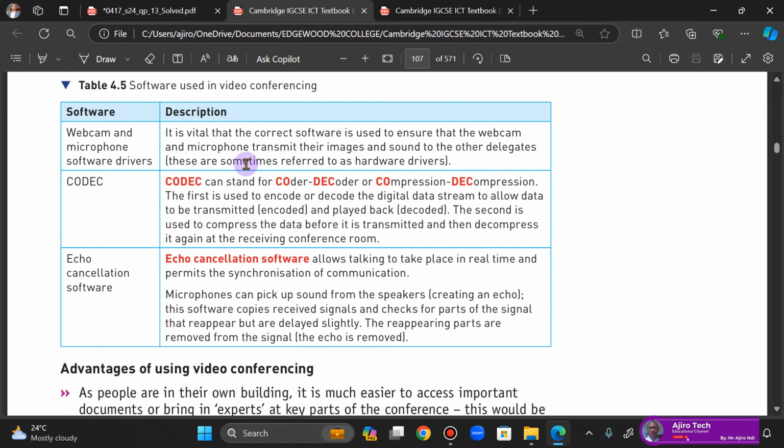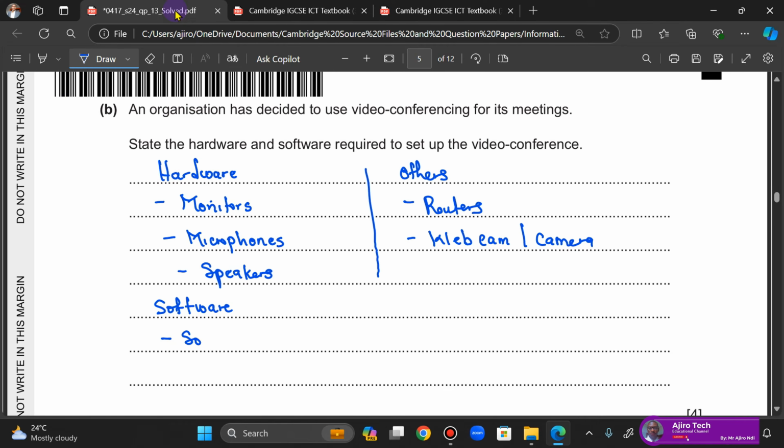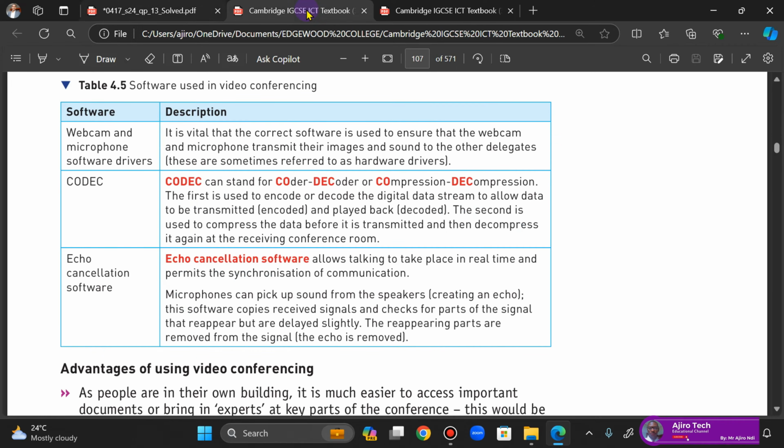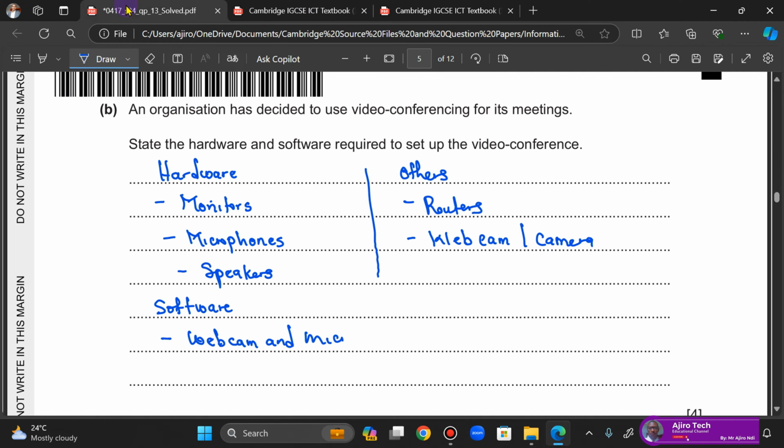your webcam and microphone software drivers. So let's just call them your software drivers.